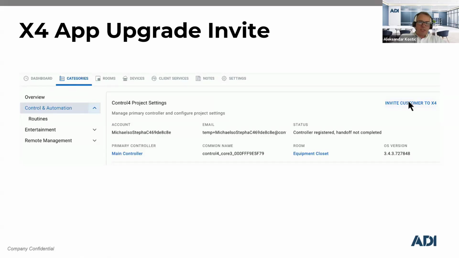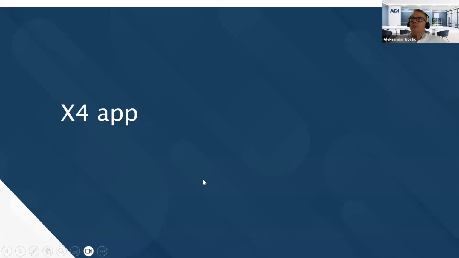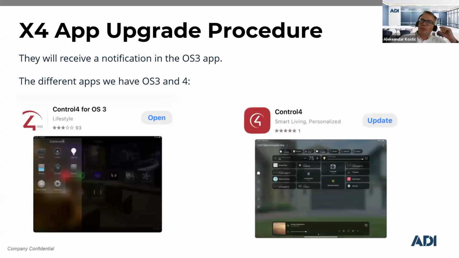So it is as simple as that. Just with that additional step, invite customer to X4, and the end customer should, through the OS3 app, request the update, but they will definitely receive the email with information on what to do. So in order to unlock the update button in OvrC at all, the end customer should go to the existing OS3 app and request the update, and after that switch to the X4 application.